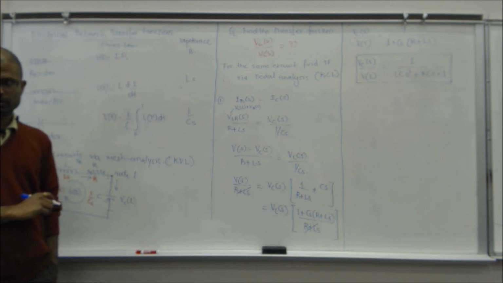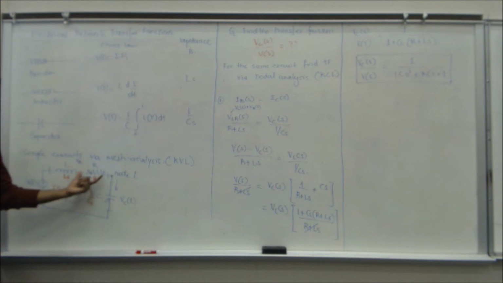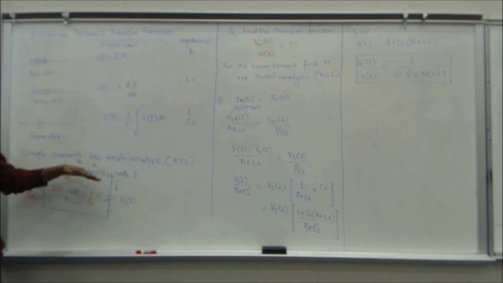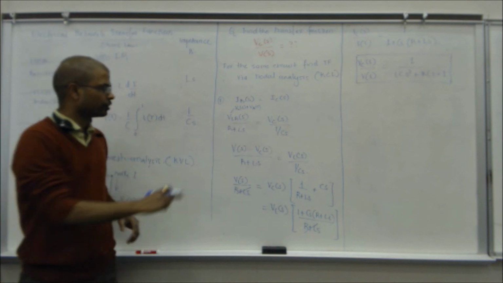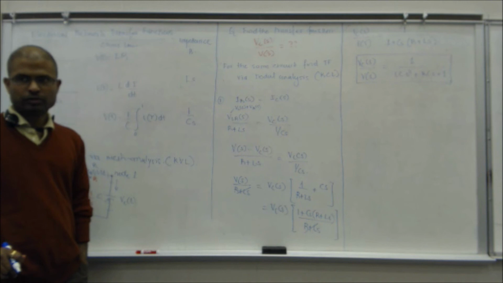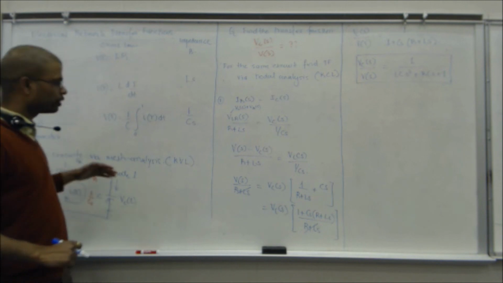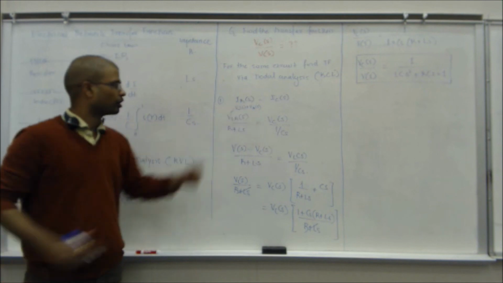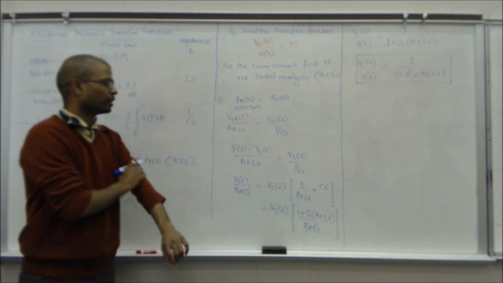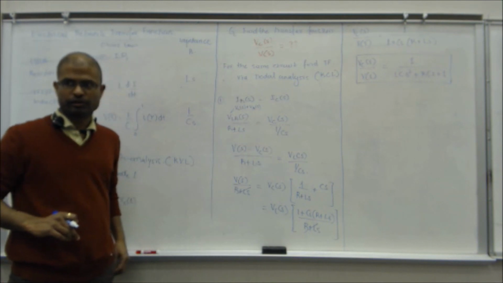Got it? You cannot develop a relationship for current flowing only through this element. Since it's a series, the same current is flowing. And this is the expression for that current. Current flowing into the node is equal to IR(S), or ILR(S), and the current flowing is IC(S).